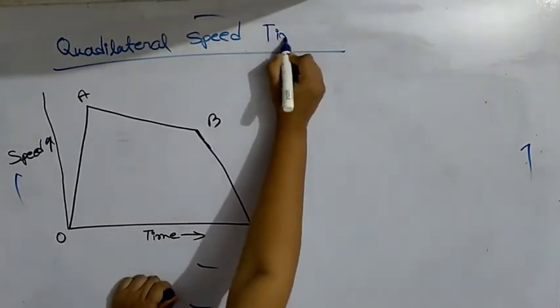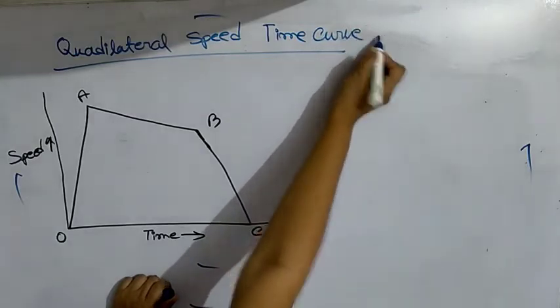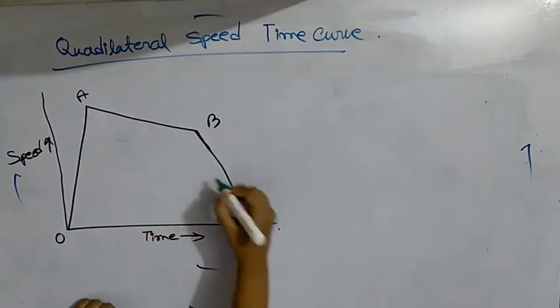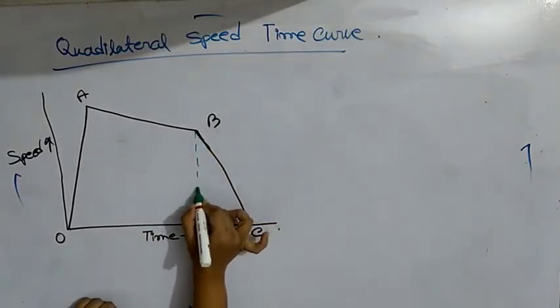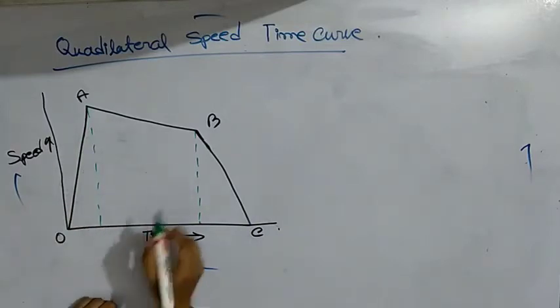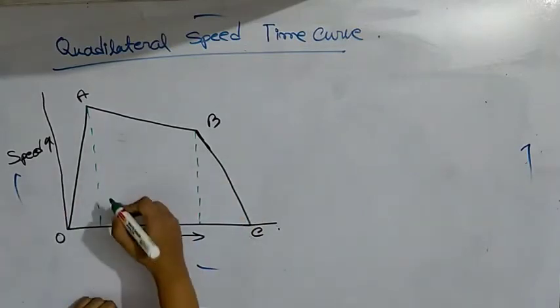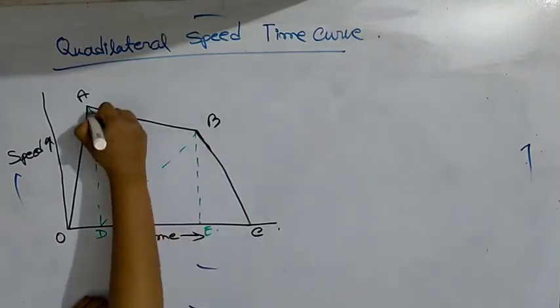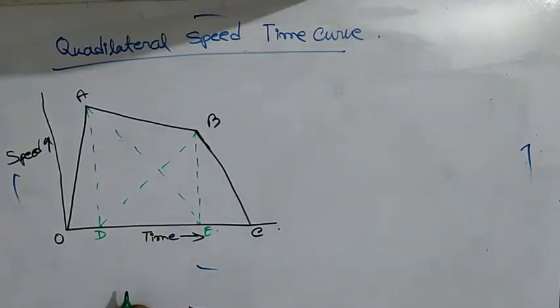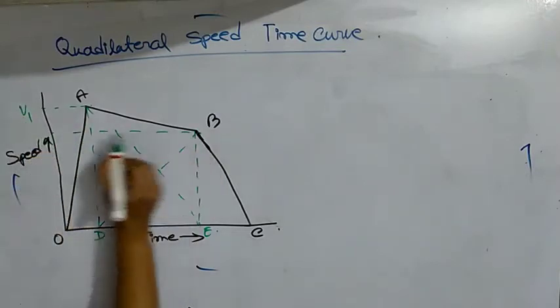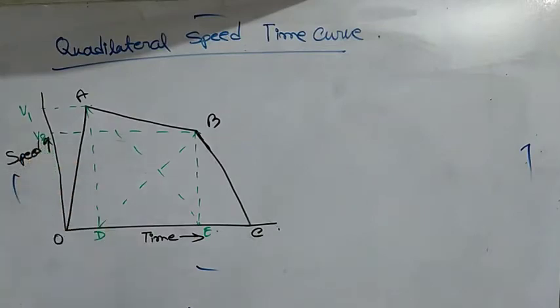Speed time curve. I draw a perpendicular on the OC axis from points B and A. Suppose this is point D and this is point E. This is velocity v1 and this is the velocity v2.